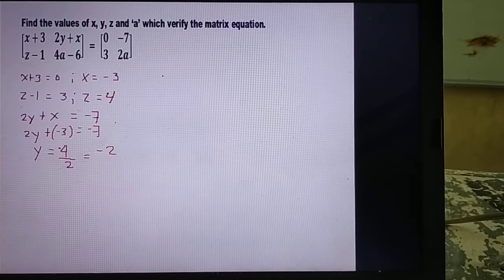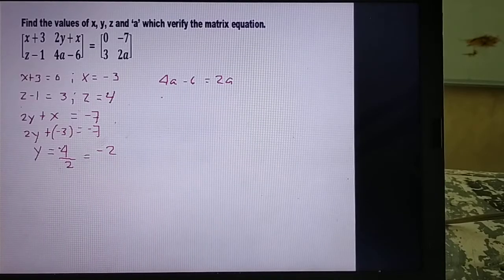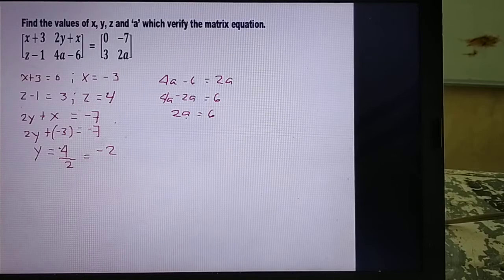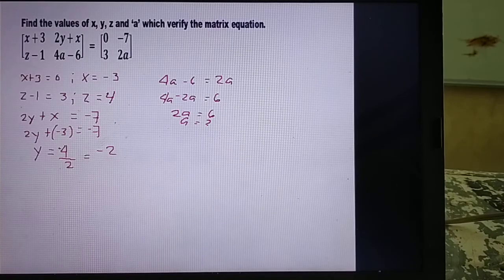Then 4a minus 6 is equal to 2a. Then 4a minus 2a is equal to 6. Then 2a is equal to 6. Then a is equal to 3. So that's the answer.